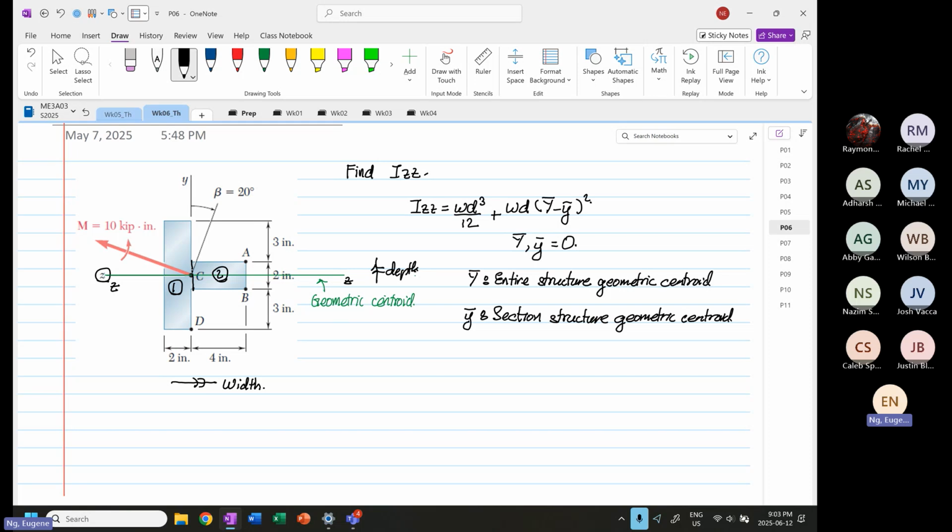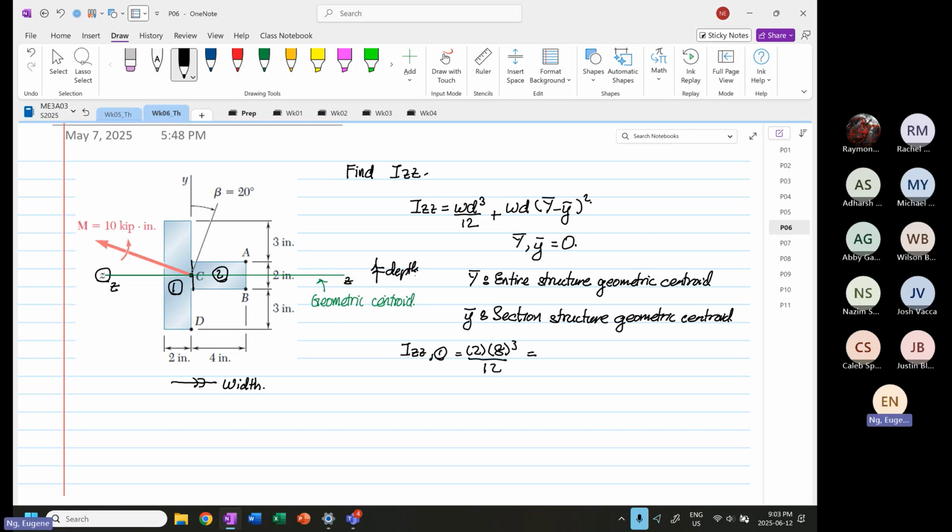So when that's the case, IZZ of 1: the width is 2, the depth is 3 plus 3, 6, 8. Width times depth cubed over 12.